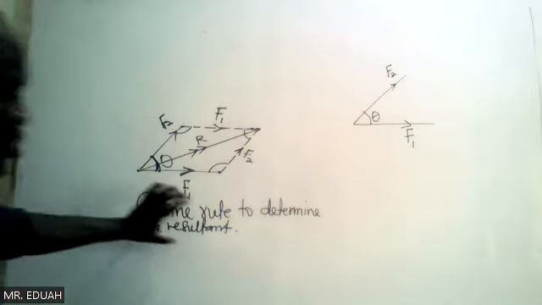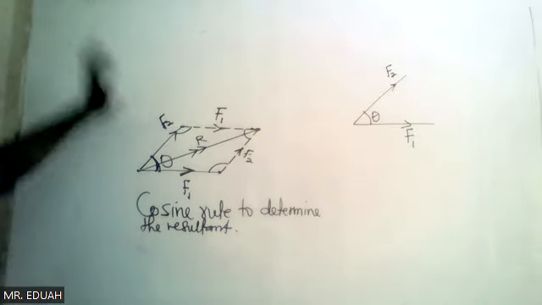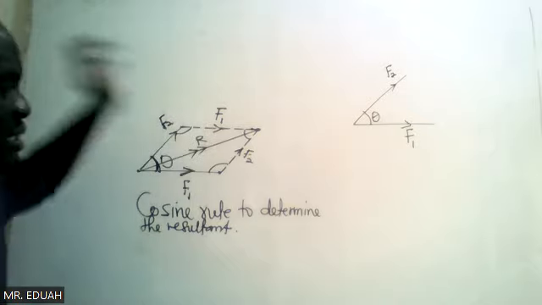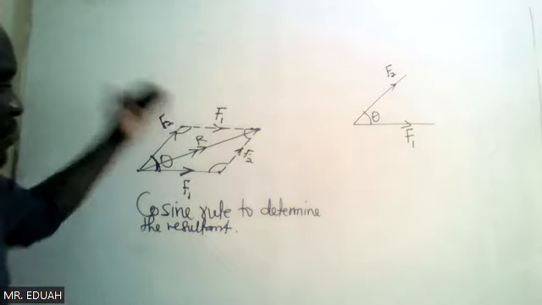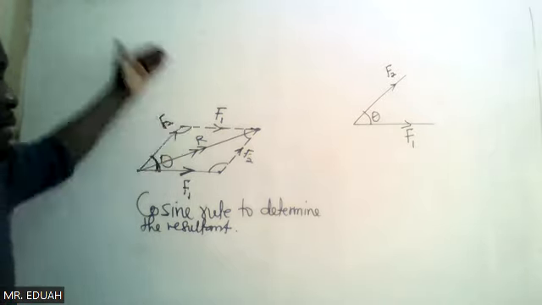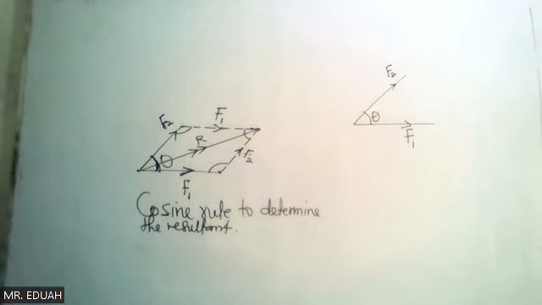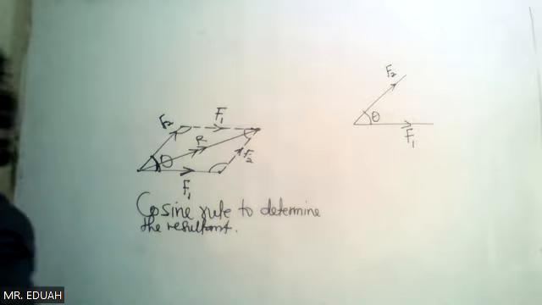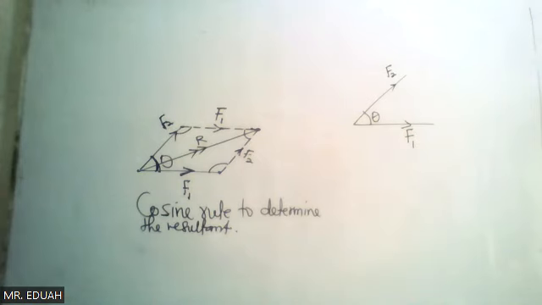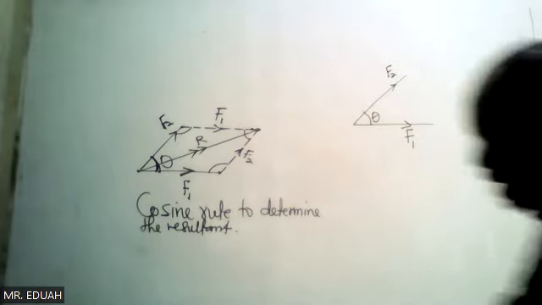And this triangle, either when you look at it up here or down here, any one goes, is not a right angle triangle, so we cannot use Pythagoras theorem. Please, class, are we okay? So we can only use the cosine rule.